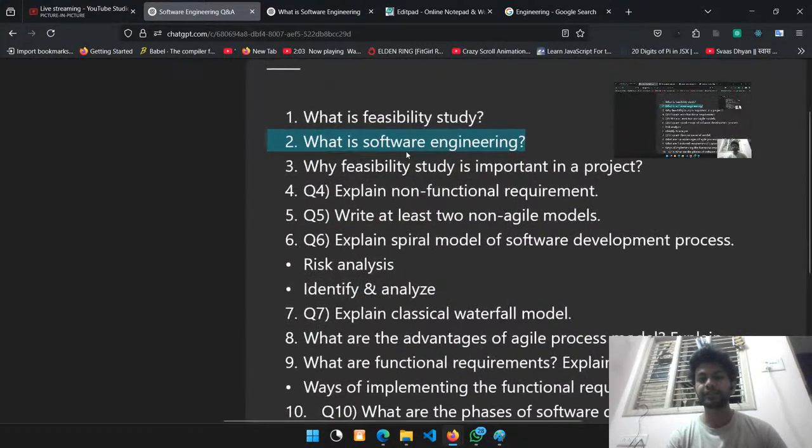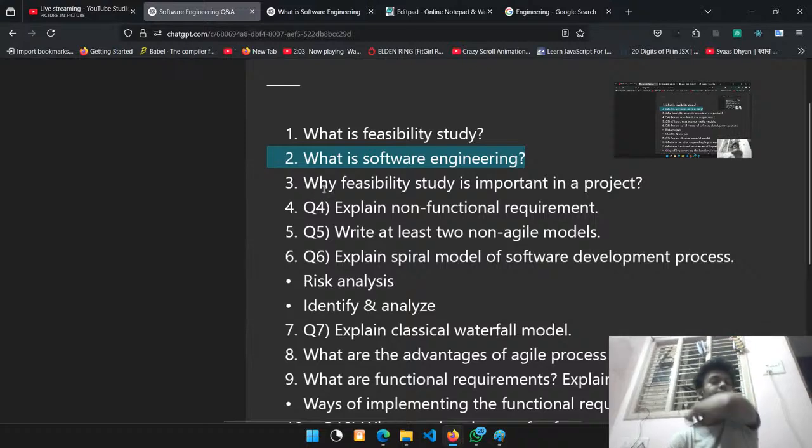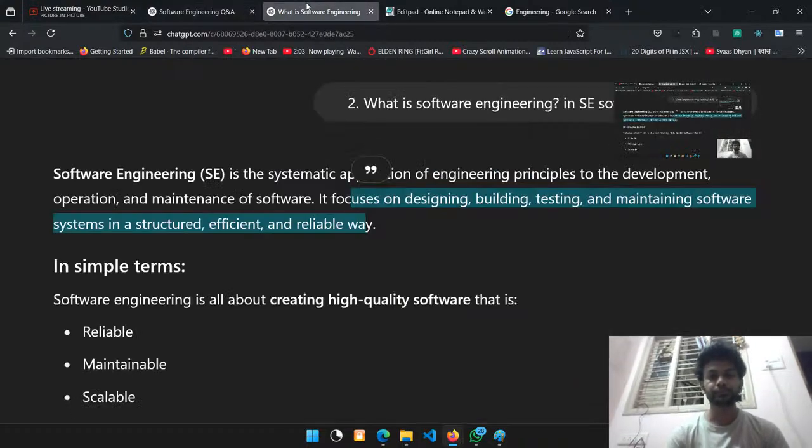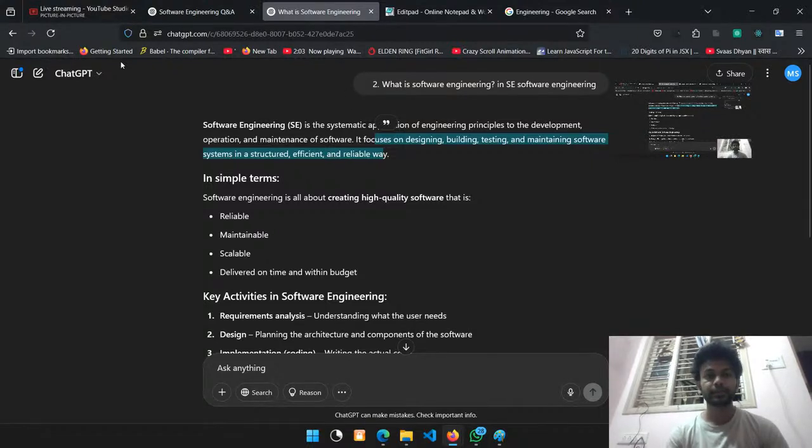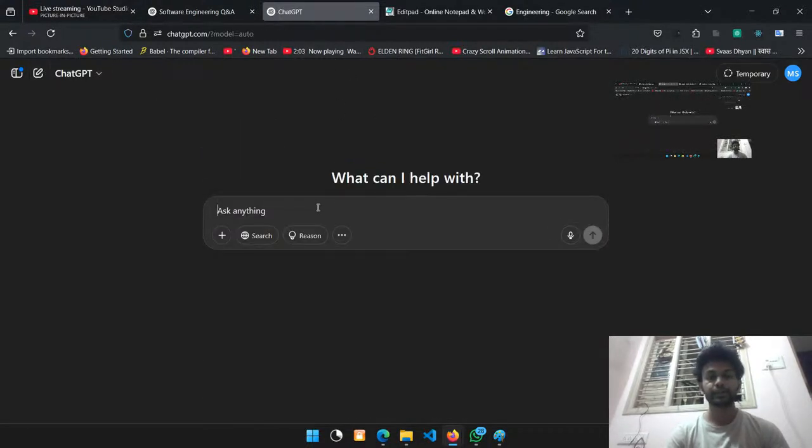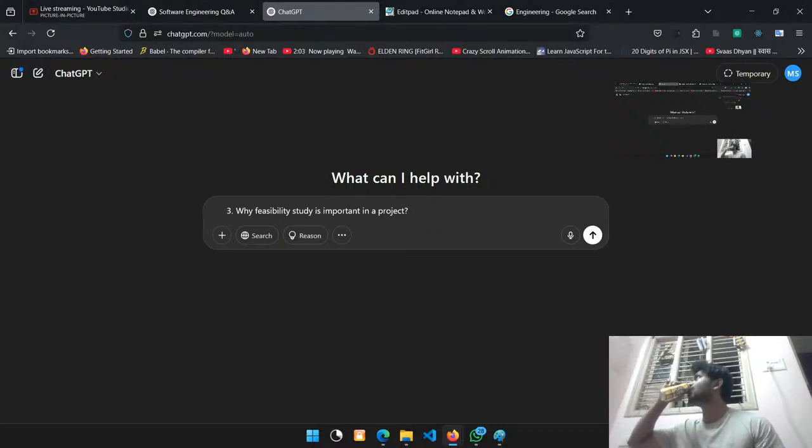Why is a feasibility study important in the project? This is such an important question. Why do you think it is important?